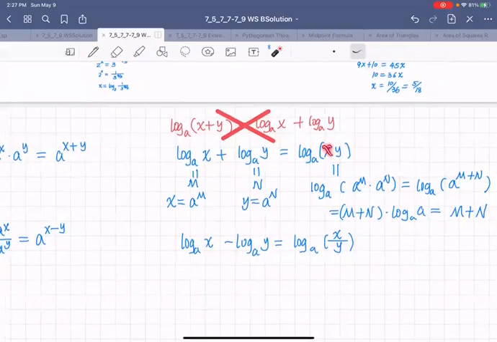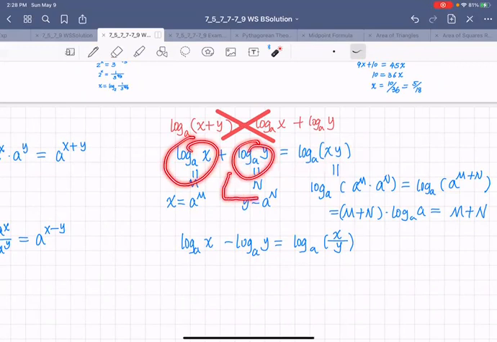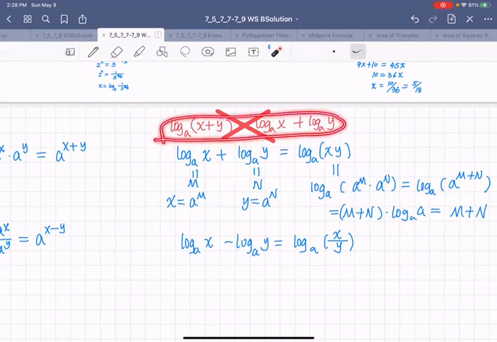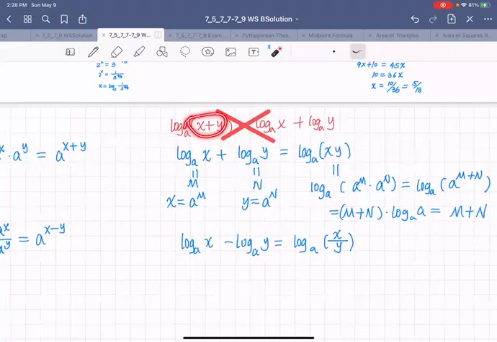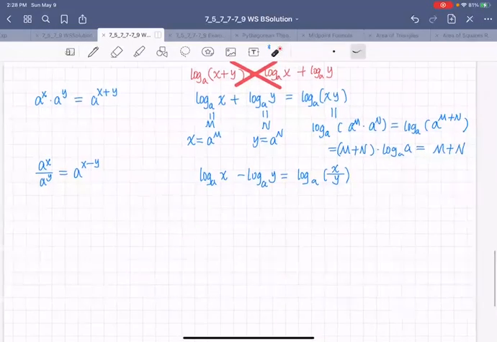The way is, if you have a product, you can split it into this. From this direction to this direction is called expand. From this direction to this direction is called collapse. But I never teach you this formula. This one you cannot do; you leave it as it is. Now I'm going to prove this one.